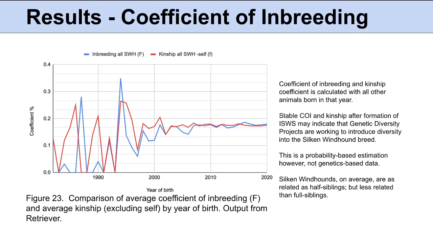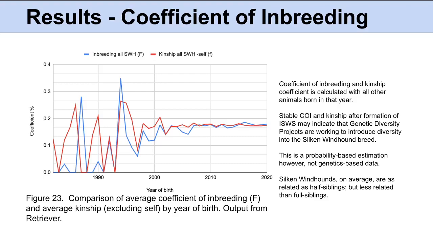However, this is probability-based estimation, and it's not actual genetics-based. What this also tells you is that Silken Windhounds, on average, are as related as half siblings, but less related than full siblings.